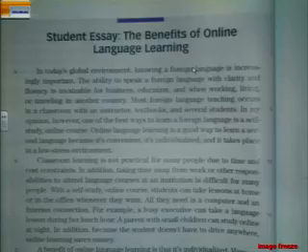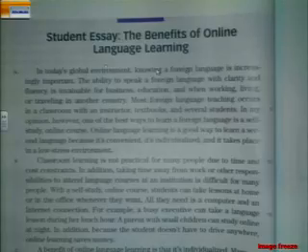Now, the student essay is titled "The Benefits of Online Language Learning." So the writer is going to talk about the benefits of online language learning. Remember that this chapter is about language learning in general.